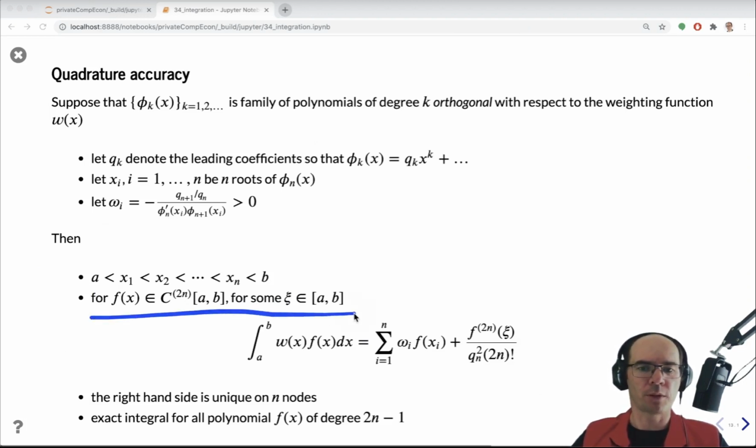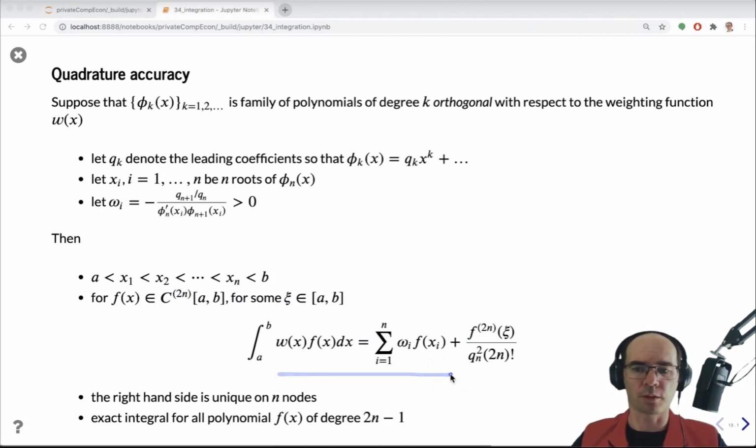The key thing is that if f of x is a smooth function, and it has 2n continuous derivatives on [a, b], then this formula holds, right?